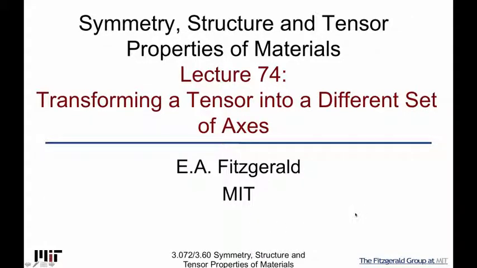In the last lecture, we have motivated now the need to transform a tensor into a different set of axes. We've already shown that a force or a displacement could be transformed into a different set of axes.